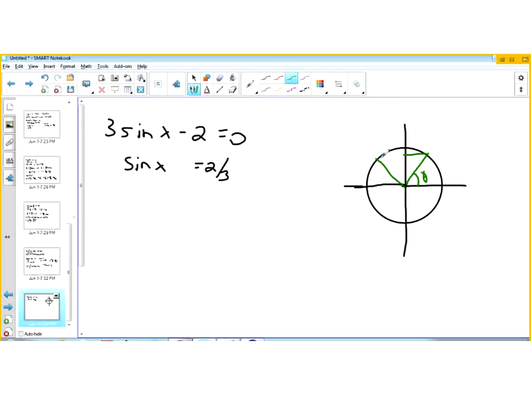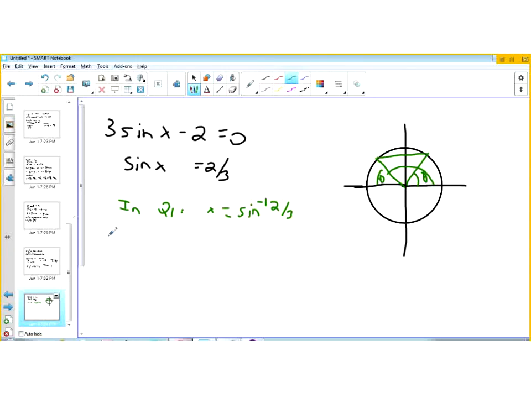Whatever the sine of this angle is, 2/3, the sine of this other angle will be 2/3 as well, because this angle is theta. So in quadrant 1, x is equal to the inverse sine of 2/3, and we can get away with that.